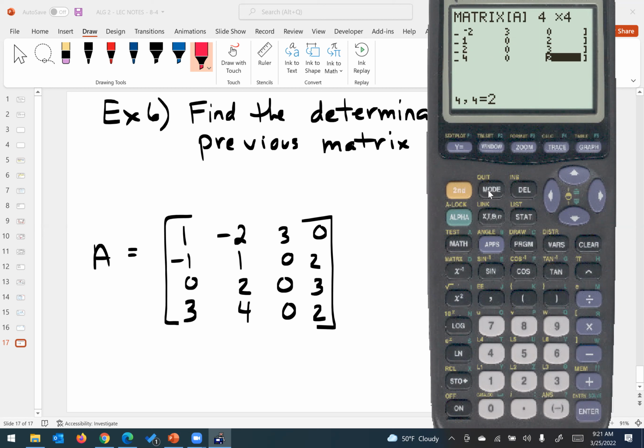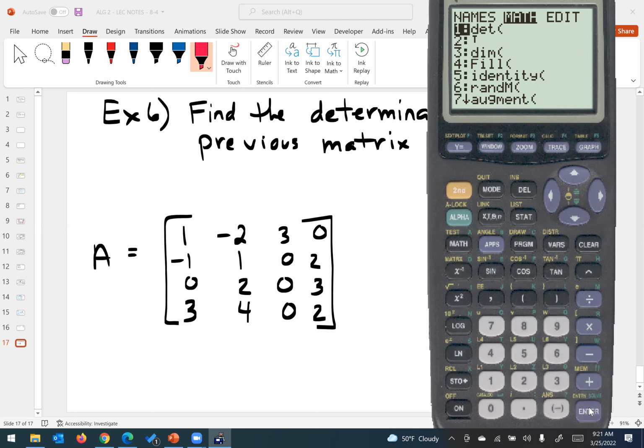Okay, we're good. And then second quit, second and then math. And let's go with it. So matrix math, and the first one is determinant. Look at that. Number 1, determinant. And then you go back to the second matrix, you label it A.